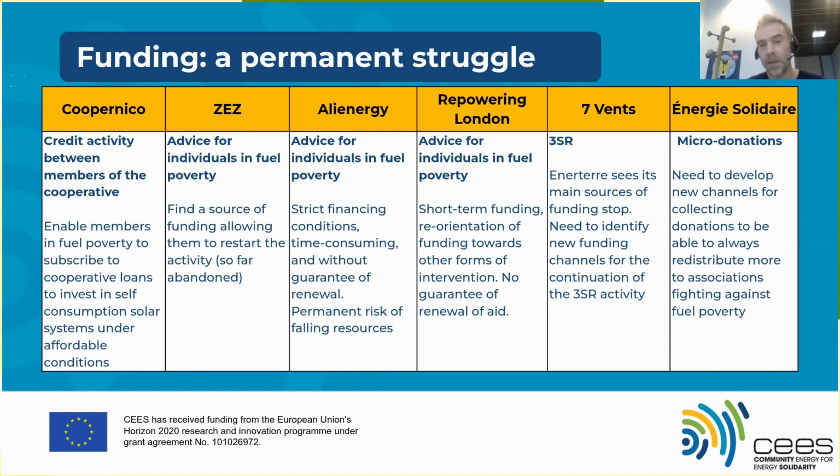For CEES, they need to restart their program, so they need to diversify their sources of funding. For Ali Energy, of course, diversification is key, just because some of the sources of funding that they have might disappear one day or fall short. There's usually competition amongst organizations such as Ali Energy in their country to be able to get some of the budget.